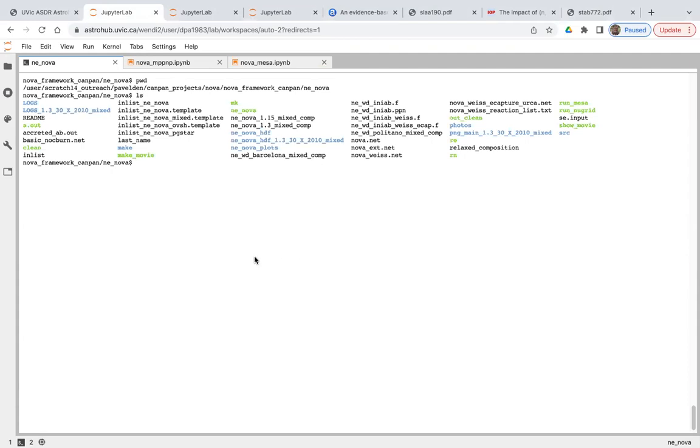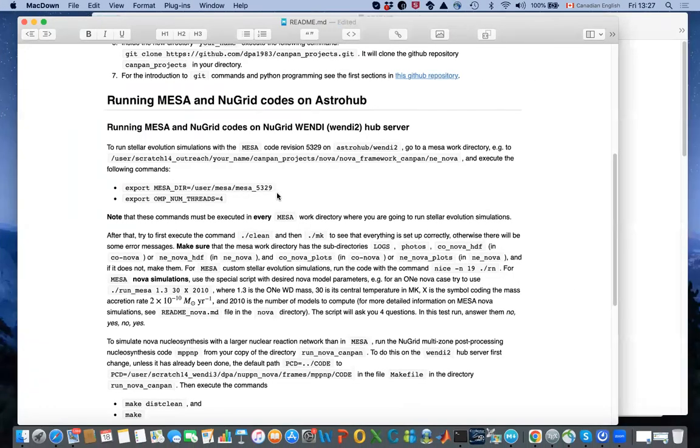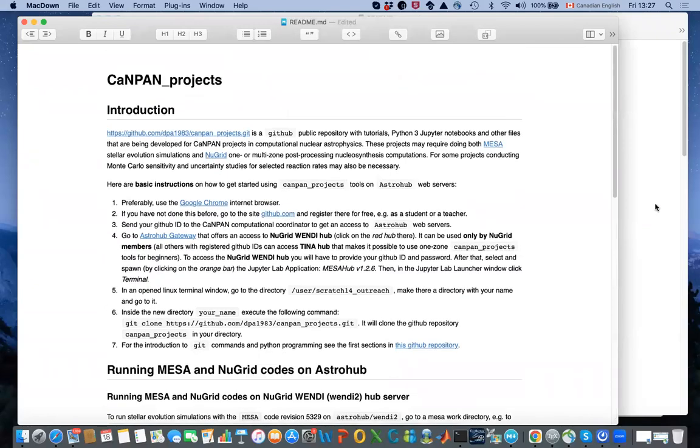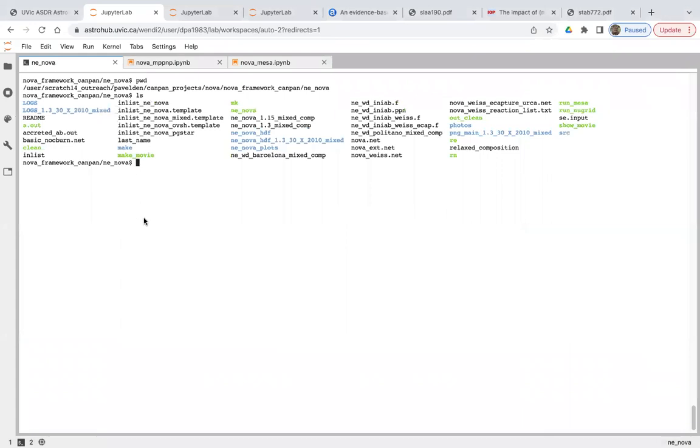There are two subdirectories in the nova framework, near nova and CO nova. Near nova, of course, allows you to do MESA stellar evolution computations of oxygen-neon nova, and CO nova for carbon oxygen nova. Again, details are explained here. So first, please read these README files if you want to use this.